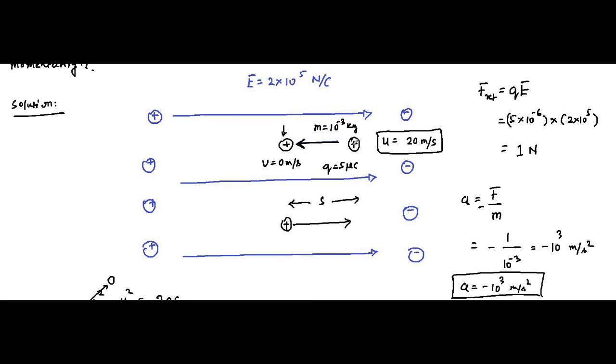It started from this position with initial velocity 20, covered this much distance, 0.2 meter, then after reaching here it had a stationary position for a short period of time. Then again it started moving under the influence of the electric field, in the direction of the uniform electric field from positive side to negative side. So this is the whole thing.